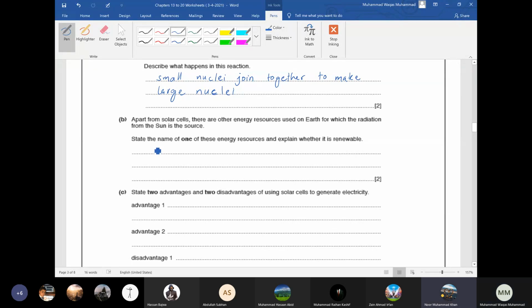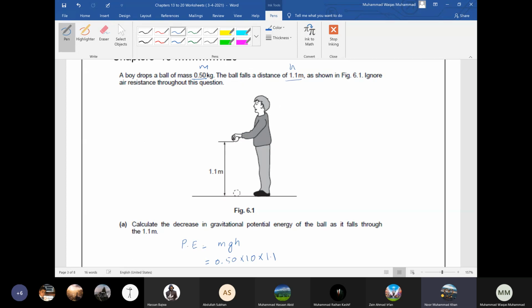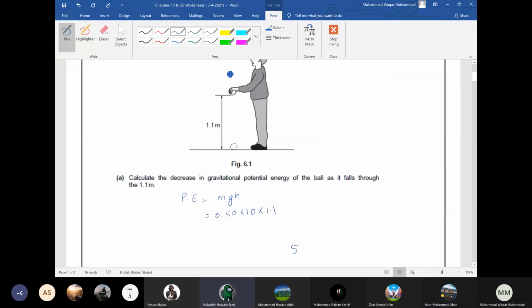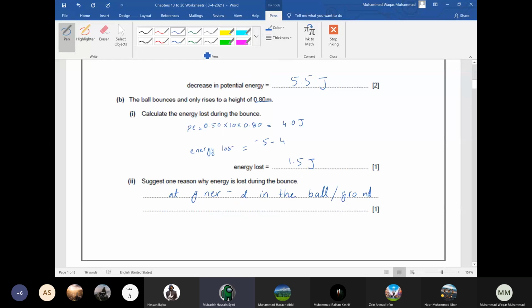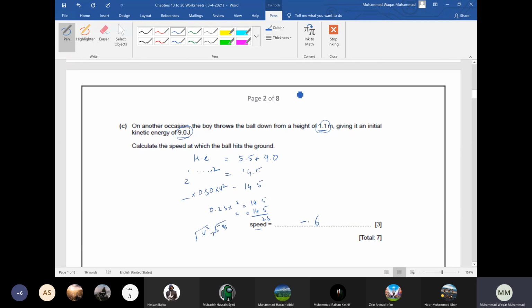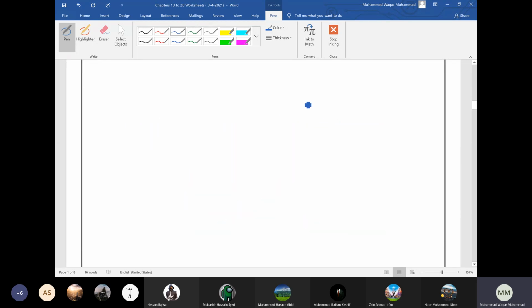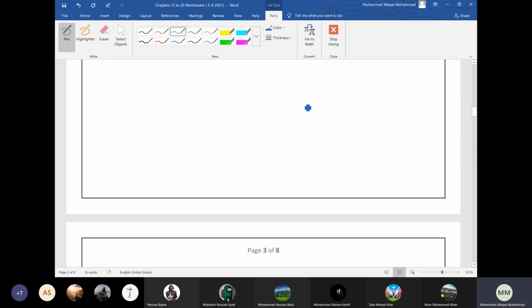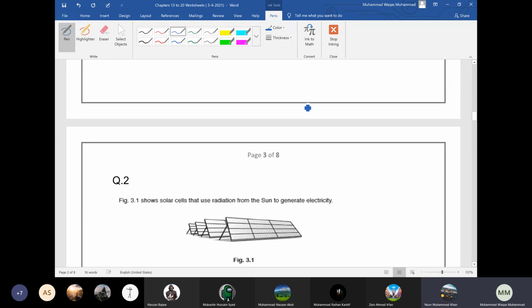Wind, sir. Okay beta, wind. Or geothermal. Geothermal, you remember I told you beta there are only three energy sources except the sun, which is the primary source for all energy sources: geothermal, tidal, and nuclear.